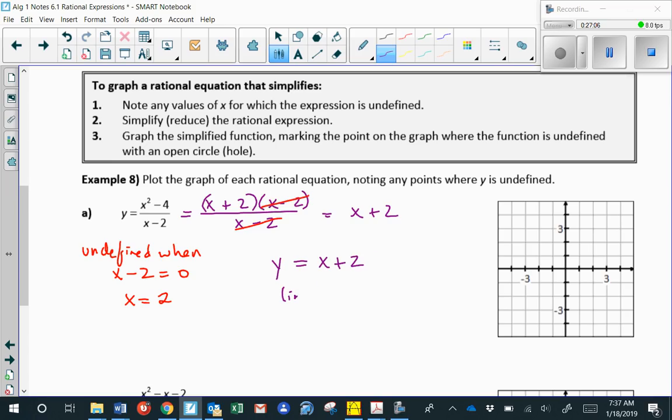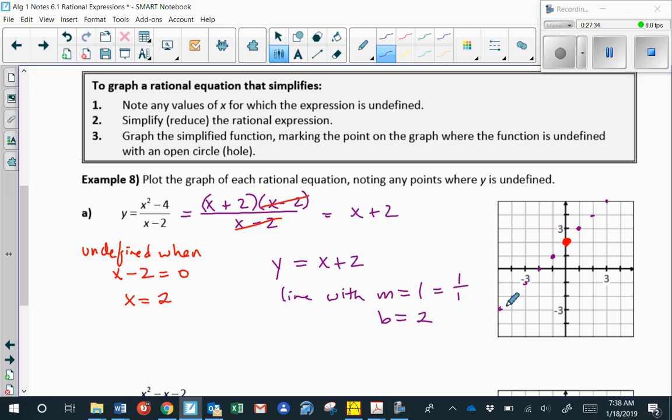That is a line with slope equal to 1 and a y-intercept equal to 2. So that's very easy for us to plot. It has a y-intercept of 2 and a slope of 1. That's going to be in fraction form, 1 over 1, which means that we go up 1 over 1, up 1 over 1, up 1 over 1, or down 1 and left 1, down 1 and left 1 to complete our graph.